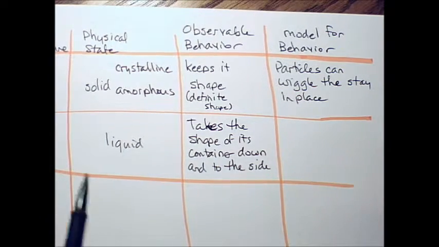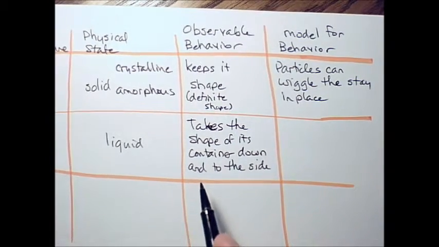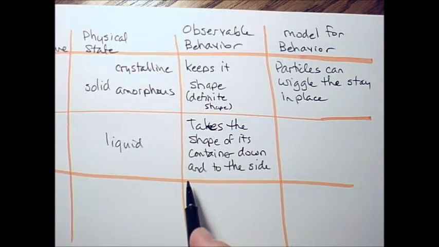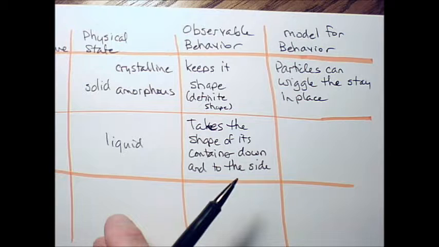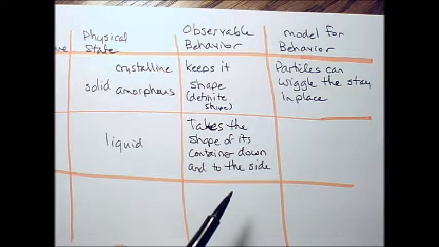What are the structural particles doing that allows a liquid to take the shape of its container down to the side? How are those particles put together? If you're reviewing your notes while I go over this, you're doing the best you can to do well on this test. They no longer stay in place, they move around each other but still touch.